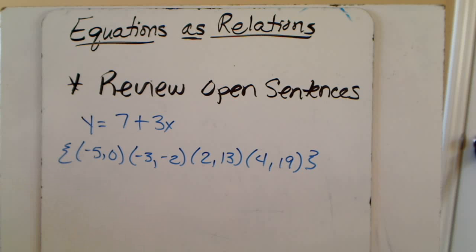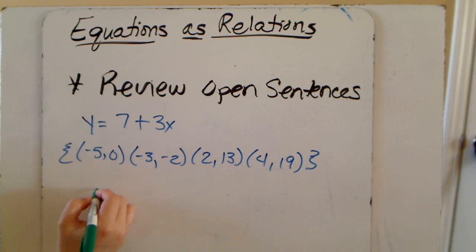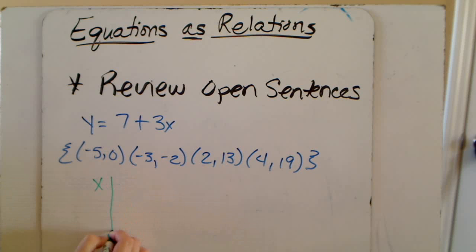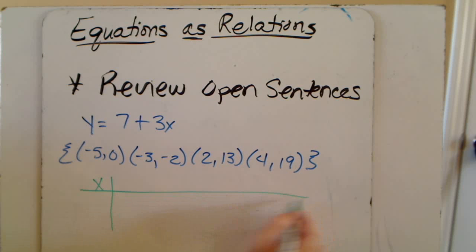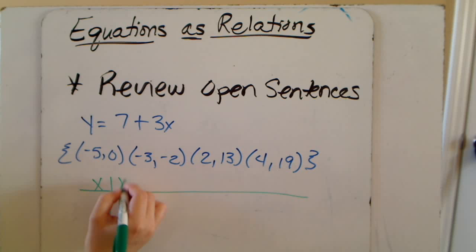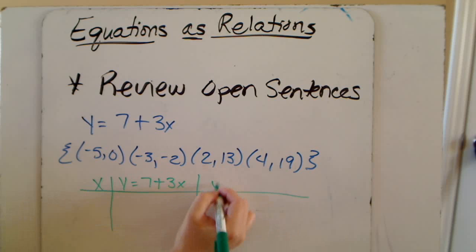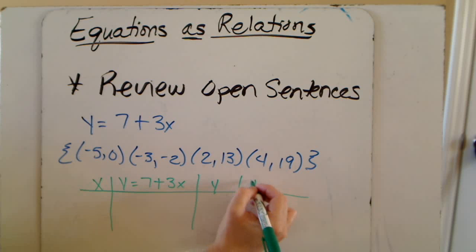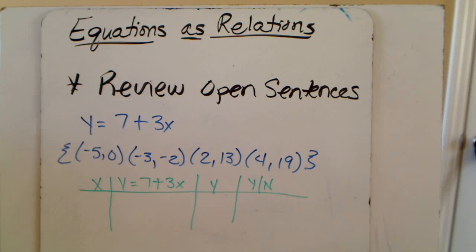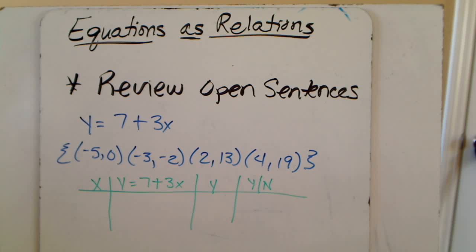You can just do this by hand, by plugging them in and seeing if one side balances with the other. Or you can make a table, which is how I'm going to show you to do it. So you're going to make an XY table. You have X values, then your equation, Y values, and then I like to put a yes, no, meaning it either works or it doesn't work.